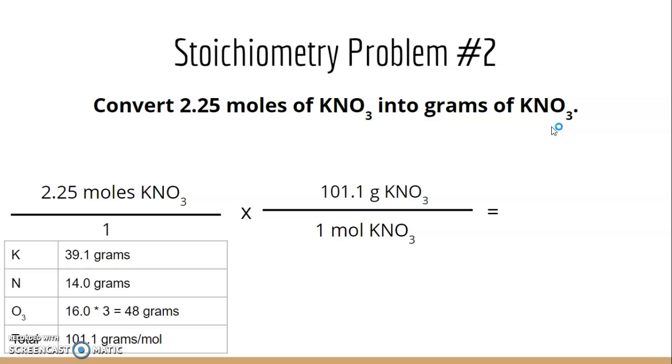So now, if we solve this out, we see that we have 227 grams of KNO3. So, again, it's fairly simple. You just need to make sure that your units cancel out and that you're setting up your conversions correctly.